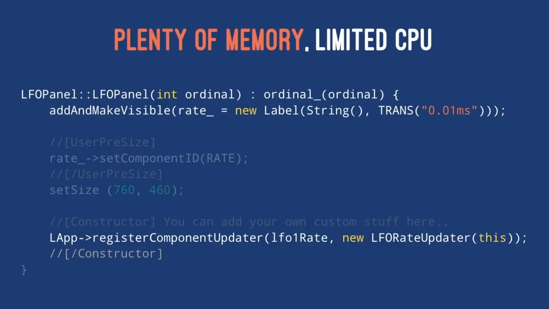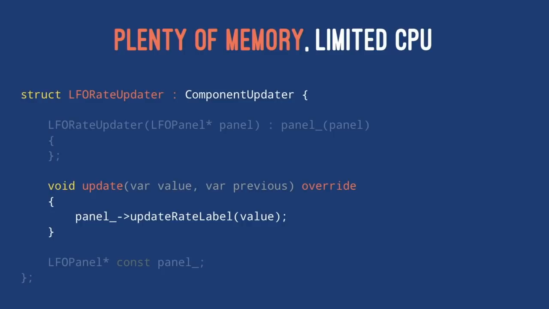And I'm registering an instance of a class that we call the component updater that is able to update that particular control that corresponds to the label of that LFO. When this panel is instantiated, it also instantiates that updater class. It hooks them up, puts them inside a global hash map, and all this happens at boot time.